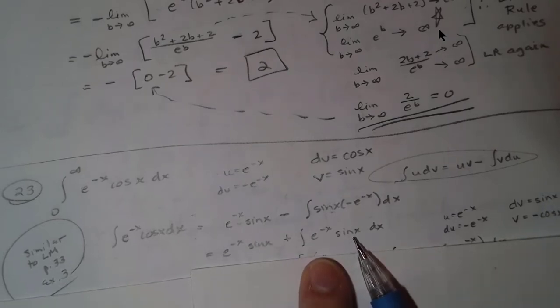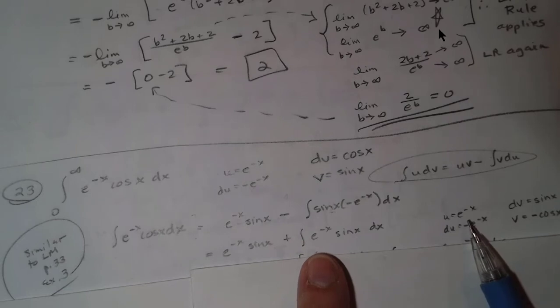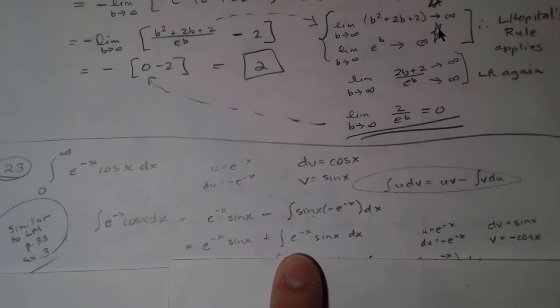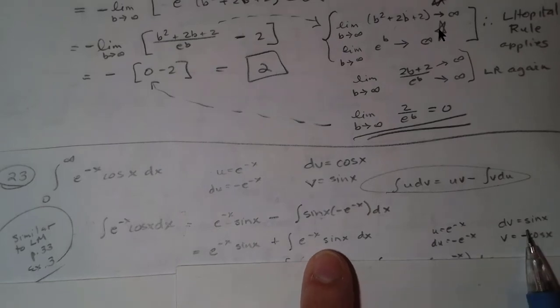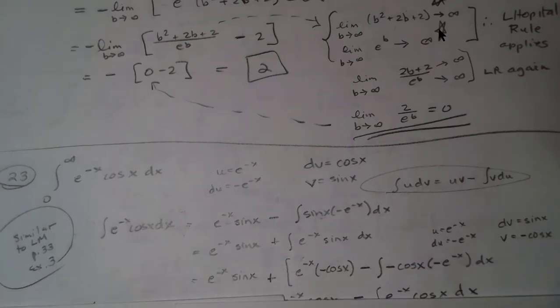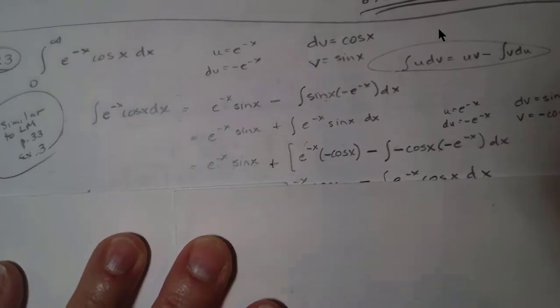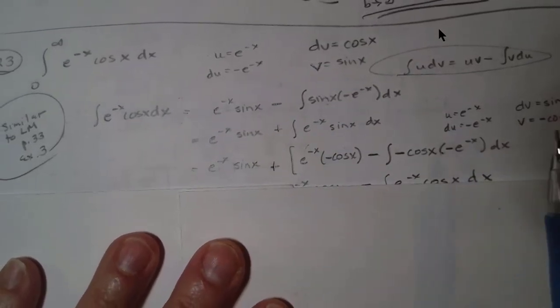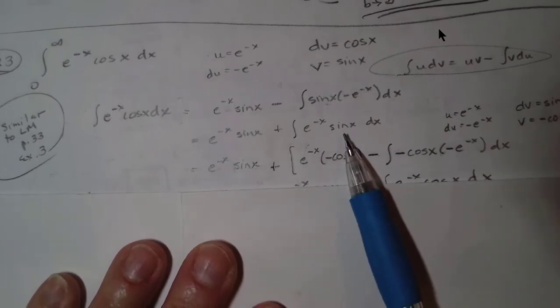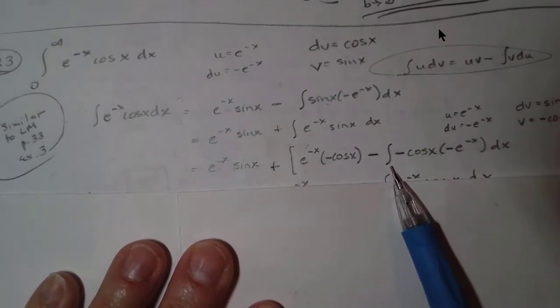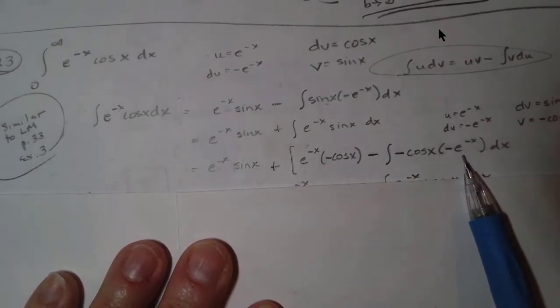I'm going to take this one right here, and I know that I'm going to, again, let my u equal e to the negative x. And so my du is negative e to the negative x, so my dv is sine x, and my v is negative cosine x. So we have, for this, u times v minus the integral of v du.